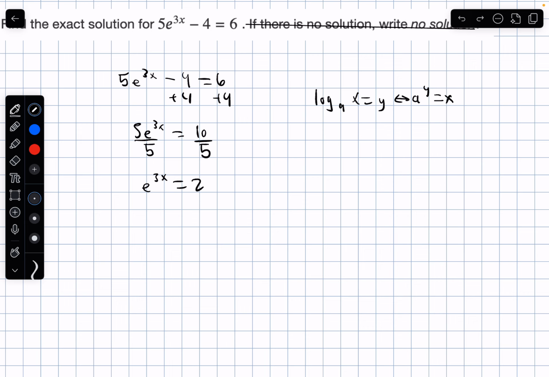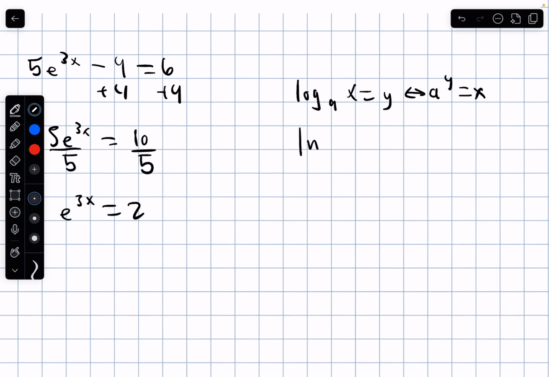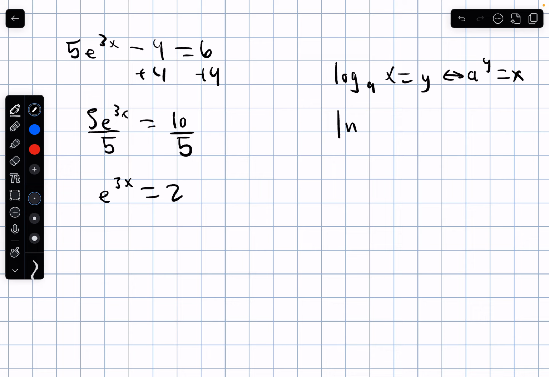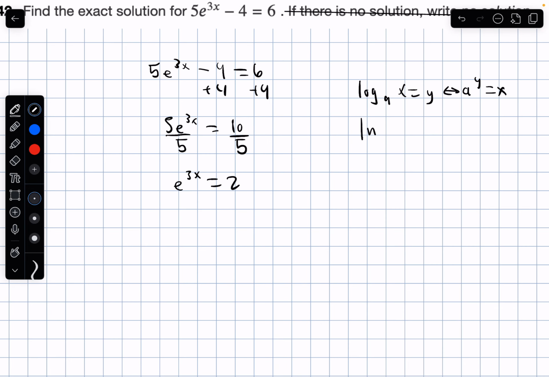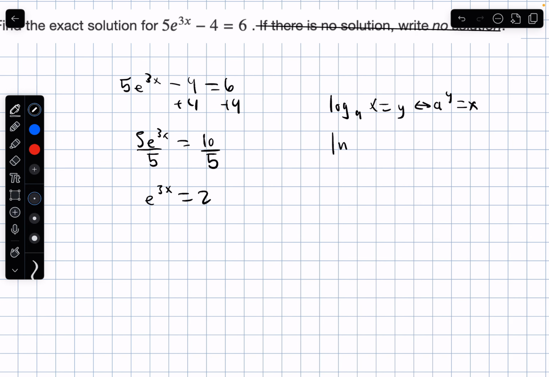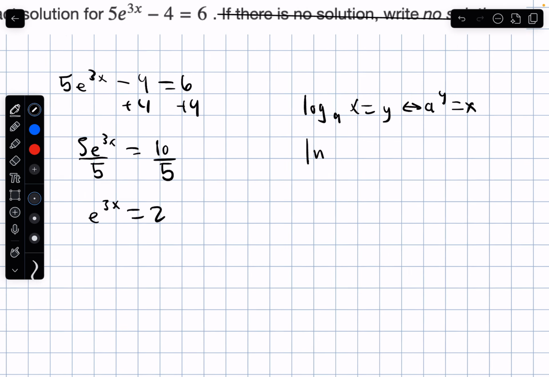But since we have a base of e, we would instead use ln, natural log. The natural log is the same as a regular log, the only difference is that it has an implied base of e. So that's what we're going to use for this question, because we are also told to simplify in terms of natural log. The rules of log and natural log are very, very similar. They're almost exactly the same, except for the base being different.